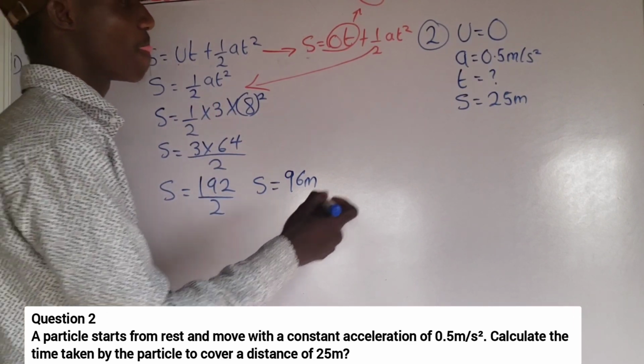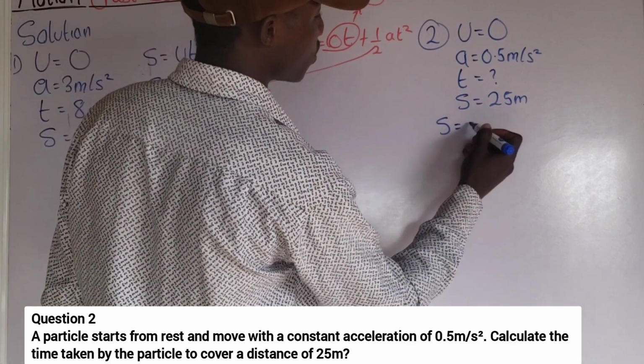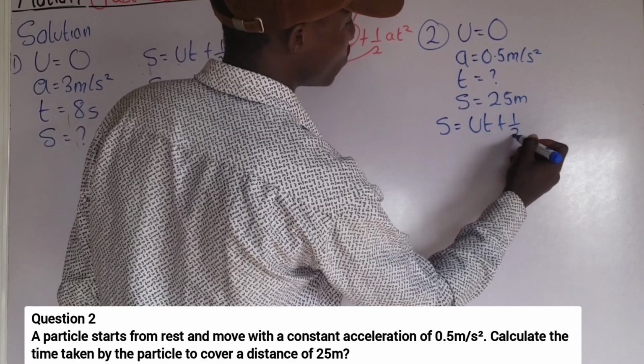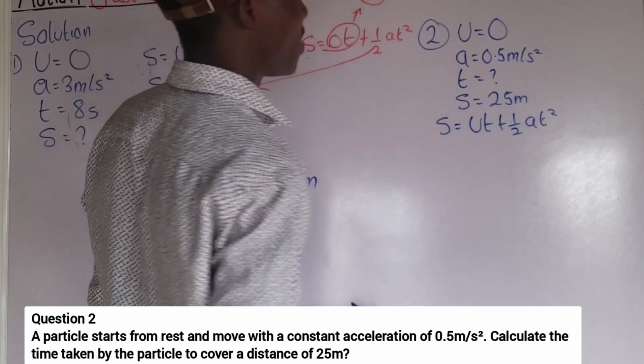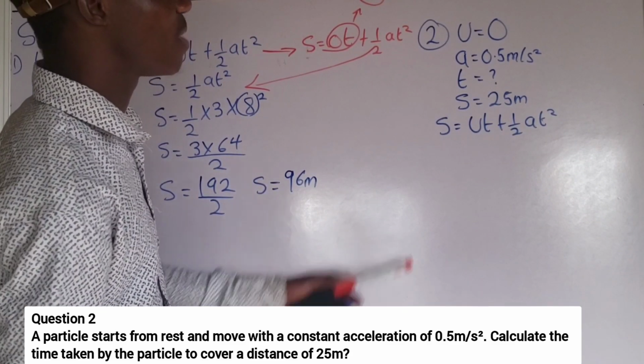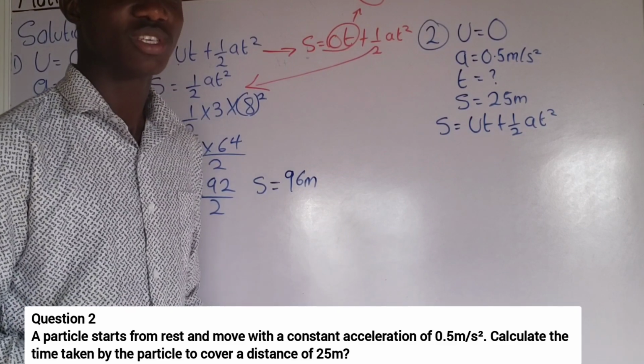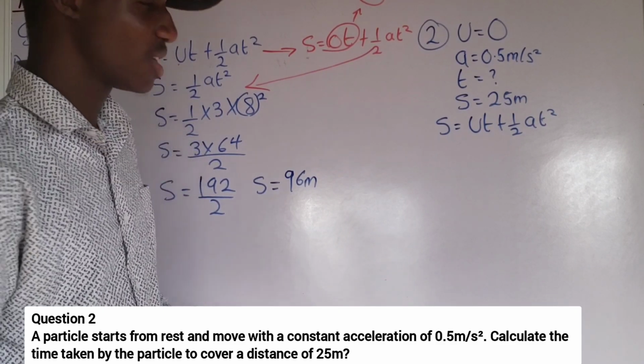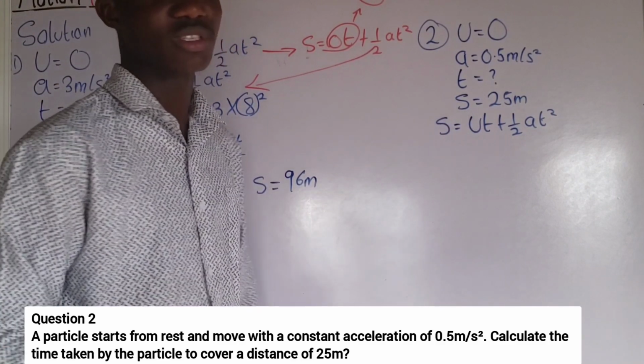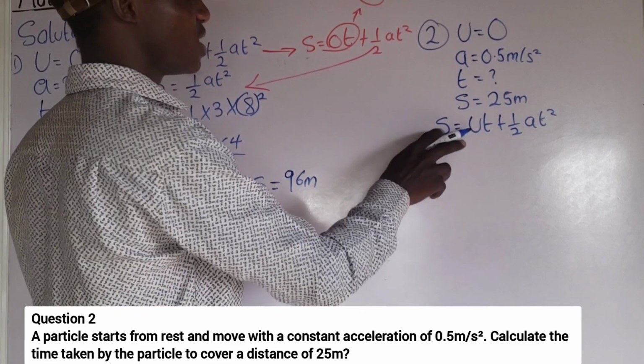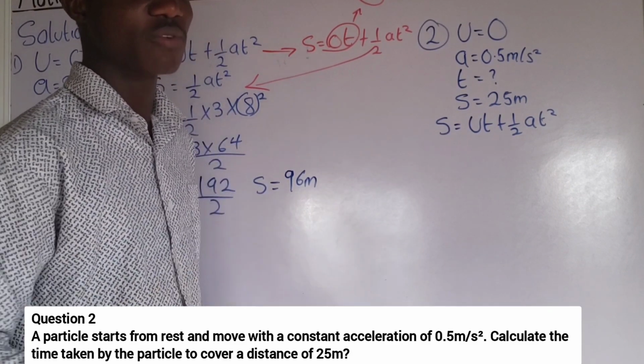So s equals ut plus 1 over 2 at squared. I told you that anytime a question says the body starts from rest, the initial velocity is 0, so ut will be 0, because the product of 0 and t is nothing.